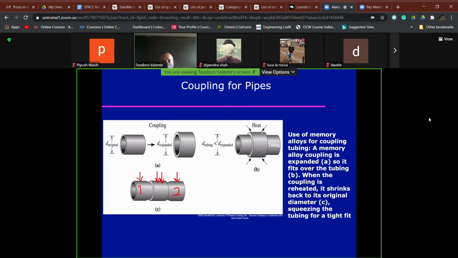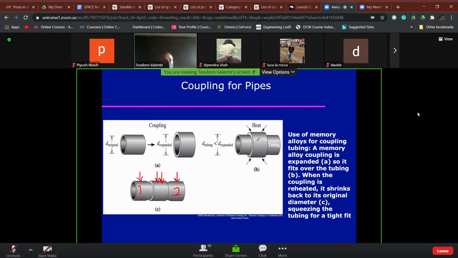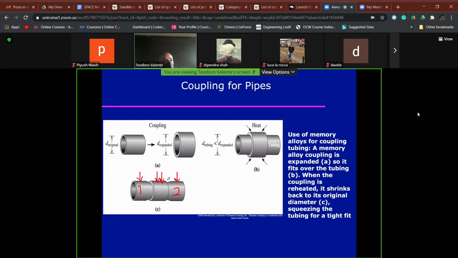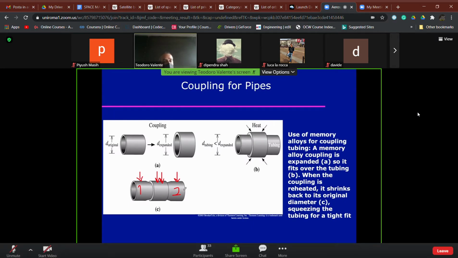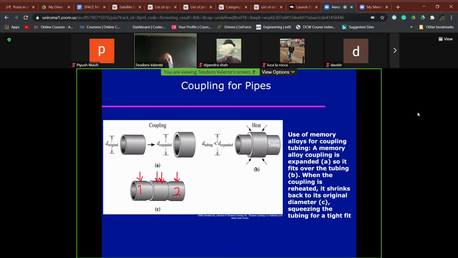By heating, we have the transformation of martensite to austenite. The impressed strains, that is the impressed deformation, are recovered, and we achieve our final solution with this ring placed in position, which couples the two pipes well, because the inner diameter after recovering the austenite phase is lower than the outer diameter of the two pipes to be joined.